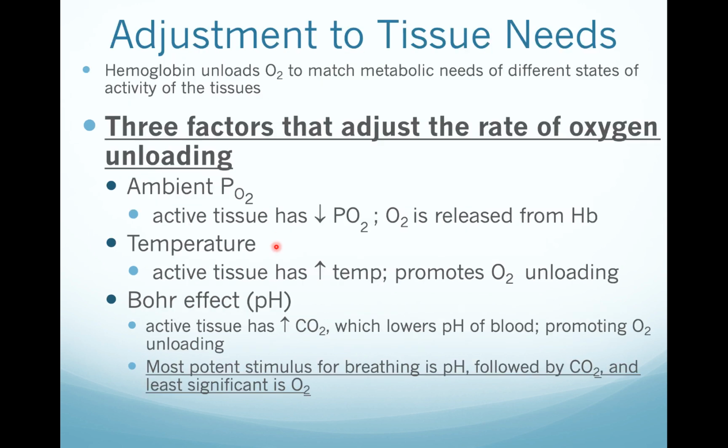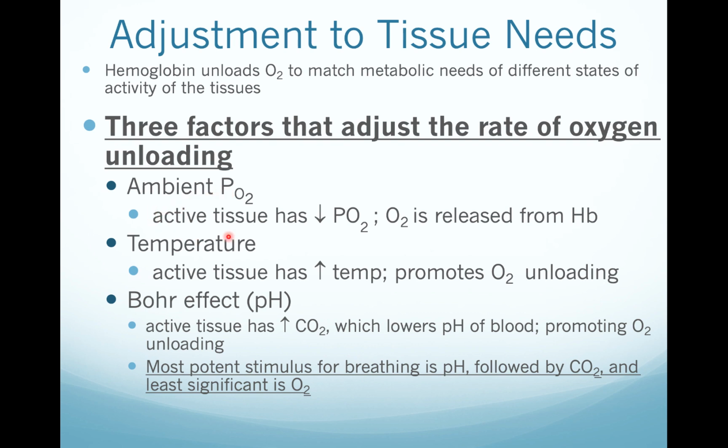Now, what adjusts the rate of oxygen unloading? Well, this has to do with those oxygen dissociation curves. So we're looking at 3 factors that can cause oxygen to unload off of hemoglobin more or less quickly. The dissociation curves do show something similar. Number 1 depends on how much oxygen you have, which will determine how much is bound to hemoglobin.